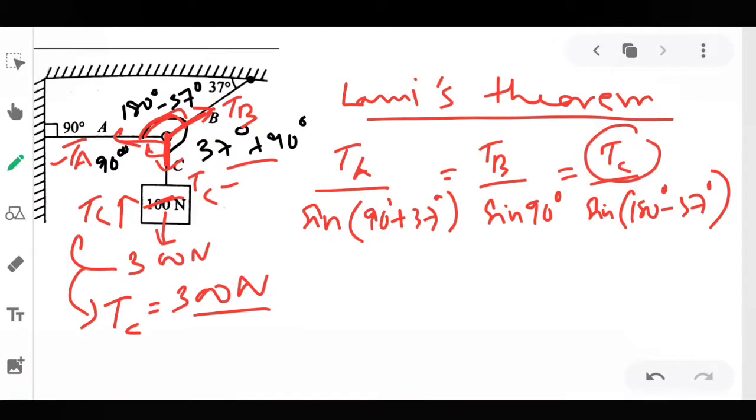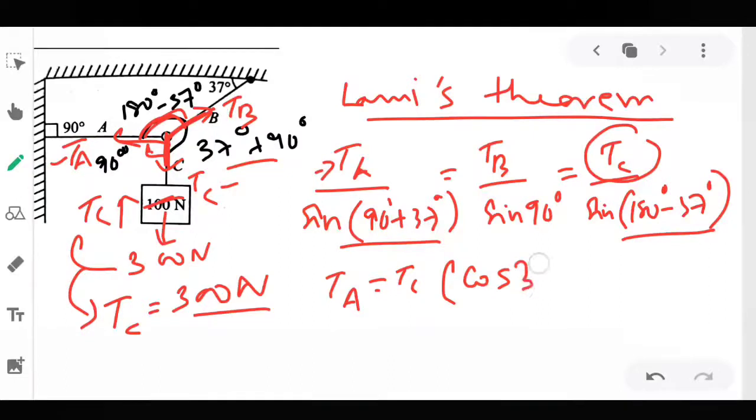We know the value of sine 180 minus 37 degrees, so from this we can get the value of TA. TA is equal to TC times sine 90 plus 37, which is cos 37, divided by sine 180 minus 37, which is sine 37.